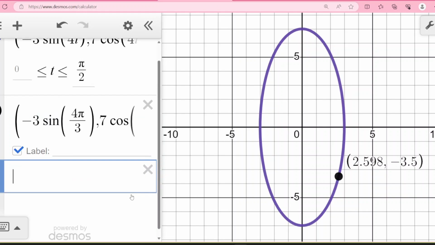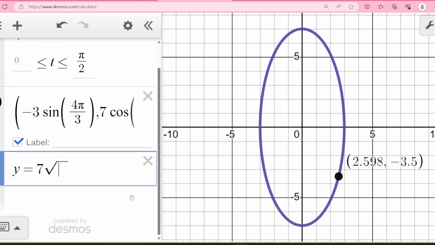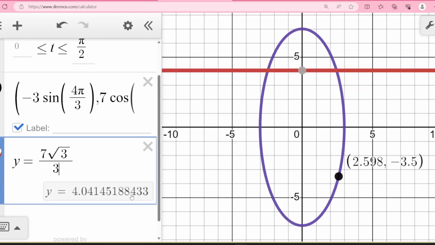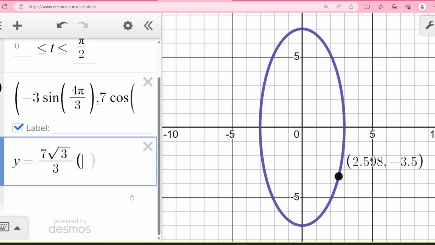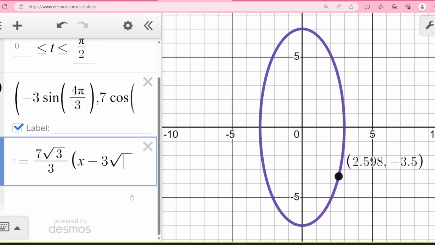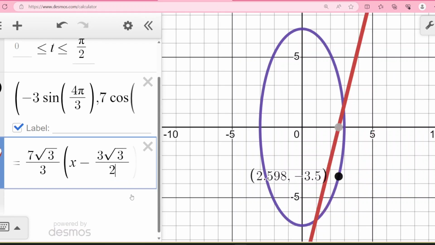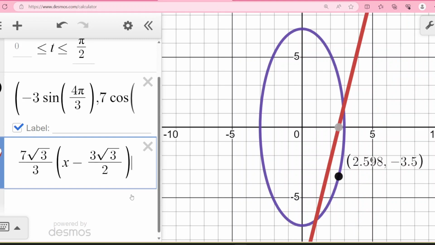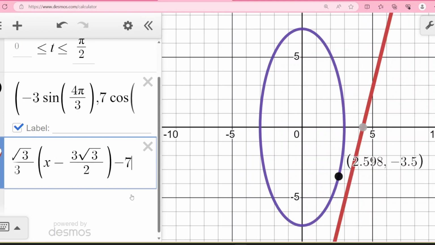I'm going to draw the tangent line that we had. I said the tangent line would be this. Y equals, let me actually look at my paper. So the slope was 7 square root of 3 over 3 times the quantity x minus 3 square root of 3 over 2, and then after that, minus 7 halves.